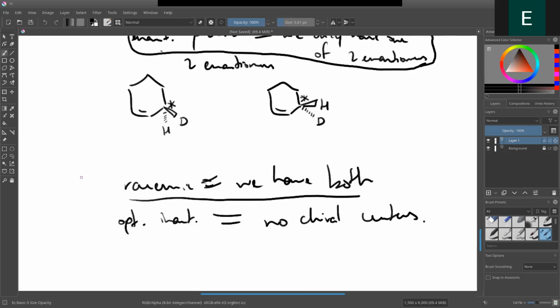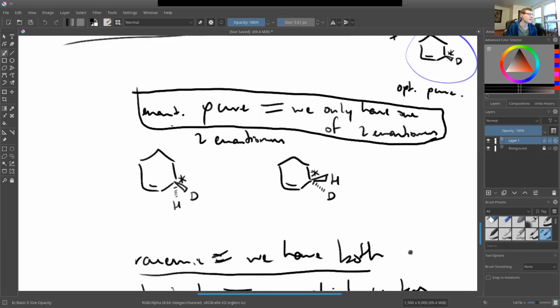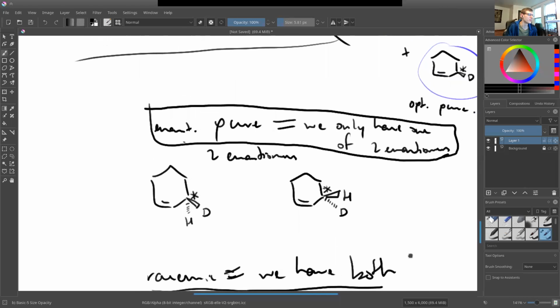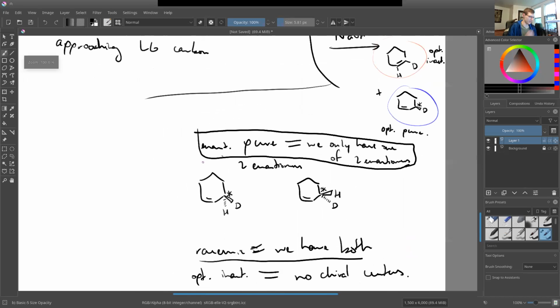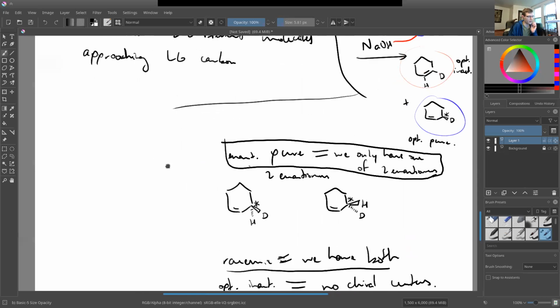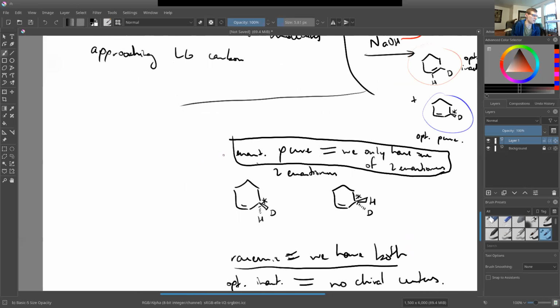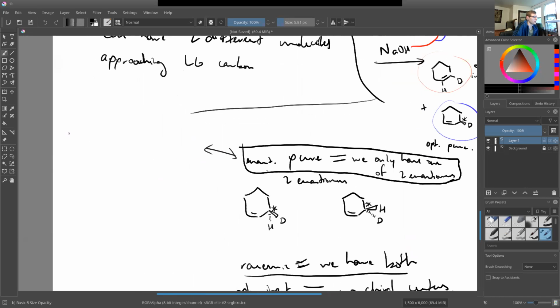Sorry, could you differentiate more between optically pure and enantiomerically pure? Yeah, so enantiomerically pure, and I believe this is the case, and you certainly don't need to get caught up on this.